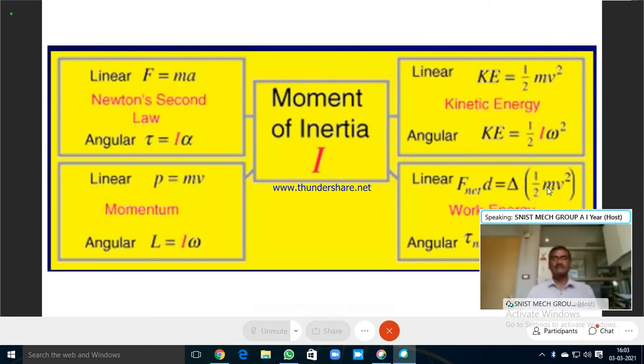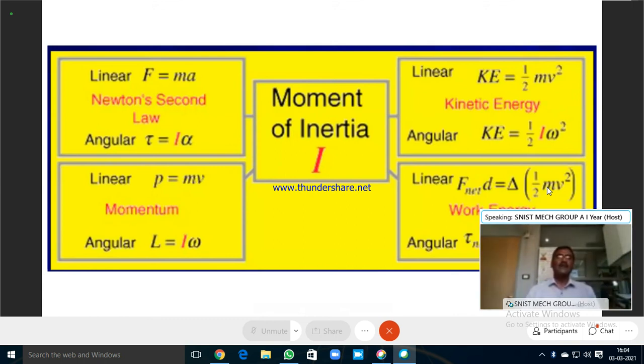For torque, please write down capital T only. The symbol given is tau. Tau is for shear stress, you please note down capital T. Torque T is equal to I into alpha.